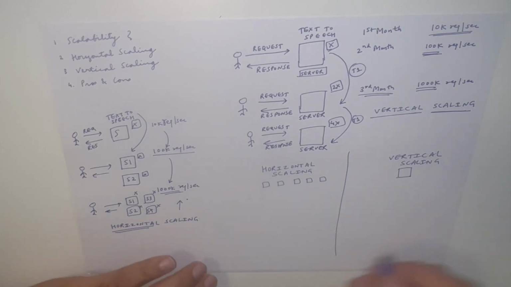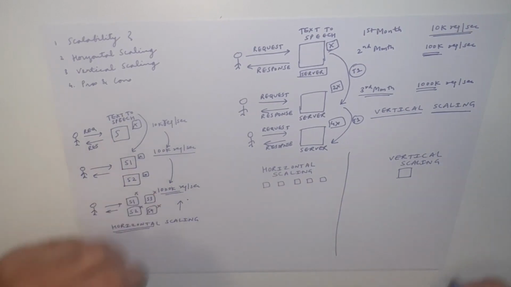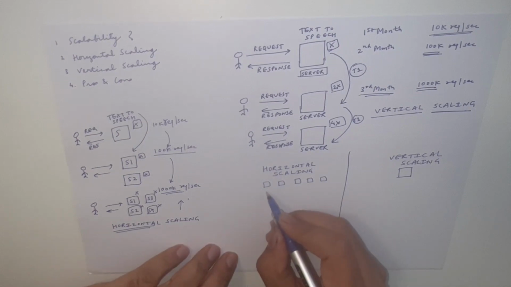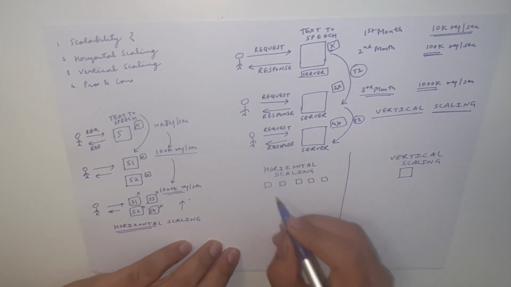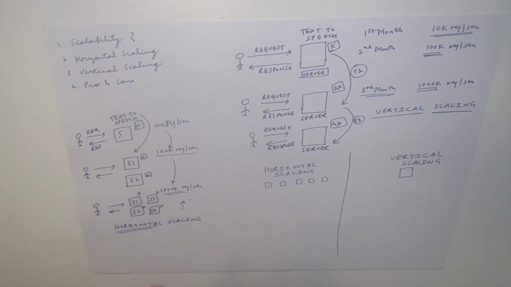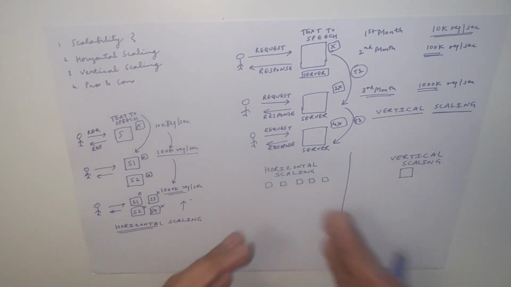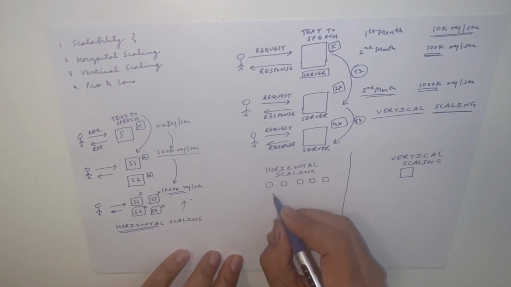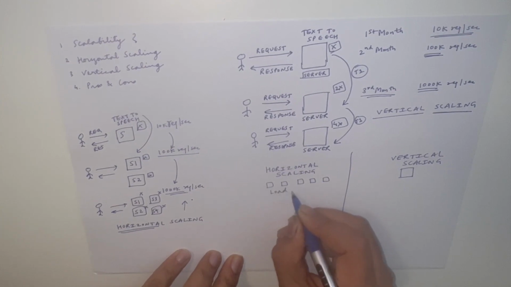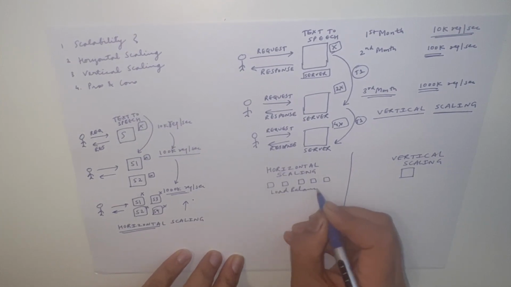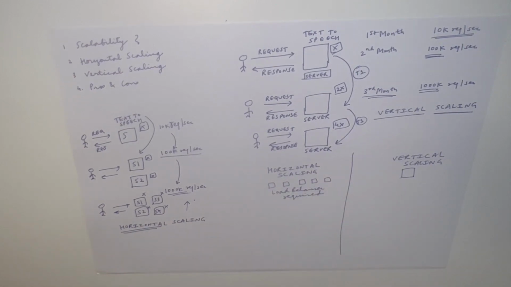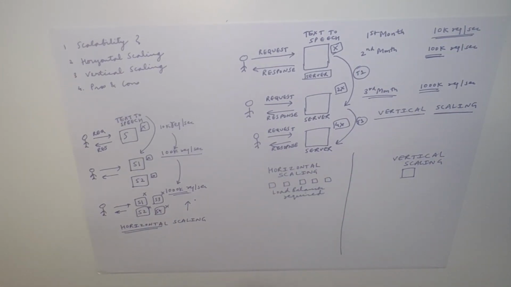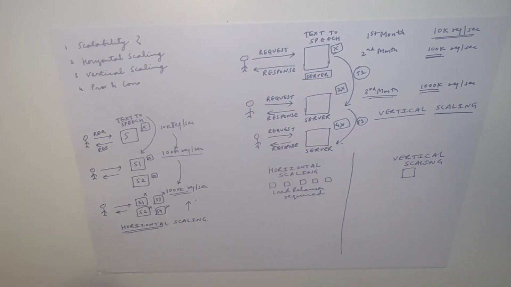Now, one of the things that we need to keep in mind is because you're working with multiple servers, there's always going to be a need to balance the traffic or to route the traffic to multiple servers. So you need some sort of a load balancer for it to distribute the traffic that's coming from your users.